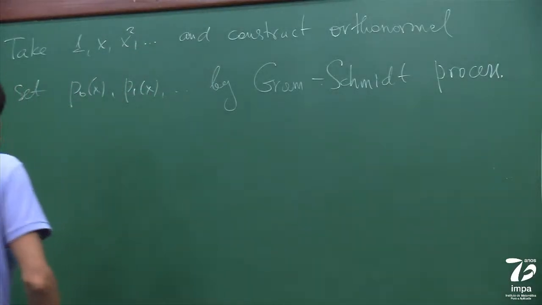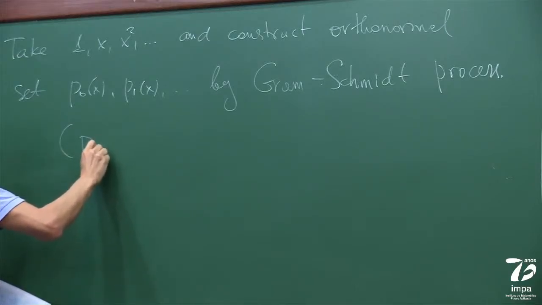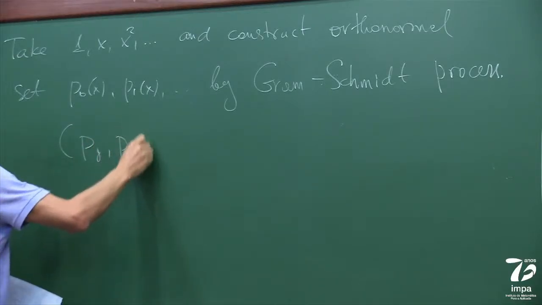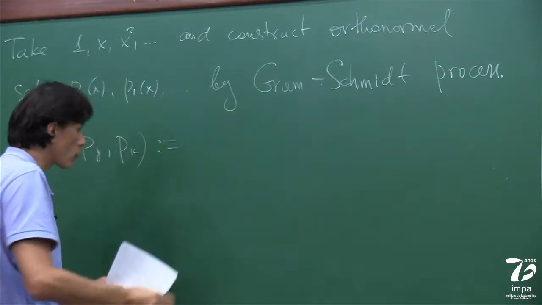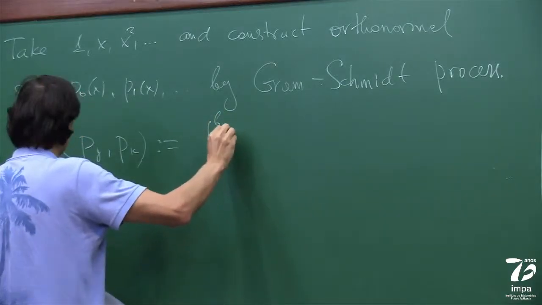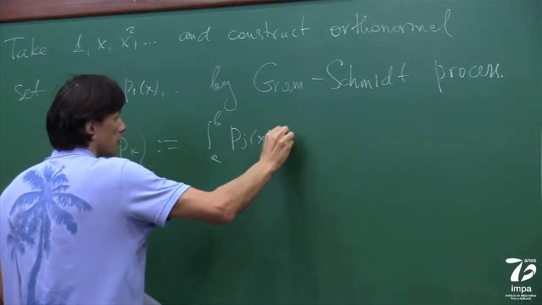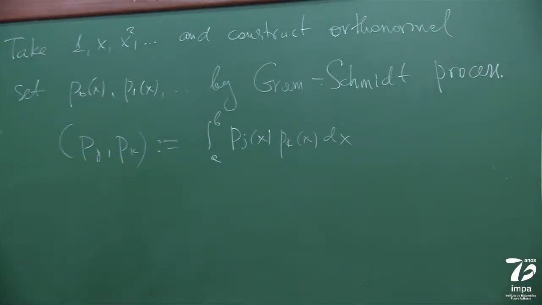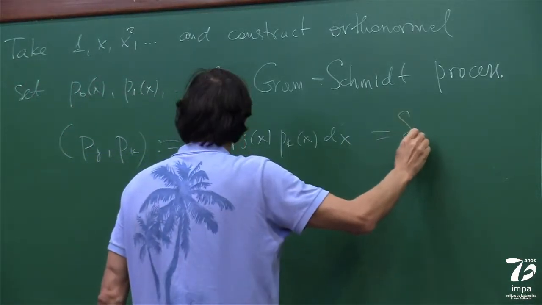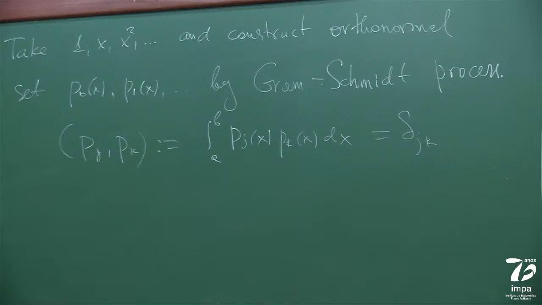Remember, what does orthonormal mean? It means that the scalar product of the two, which is defined in our case as the integral between a and b of Pj(x) Pk(x) dx, should be delta jk, so it's 0 when j is different from k, and it's 1 when j equals k.